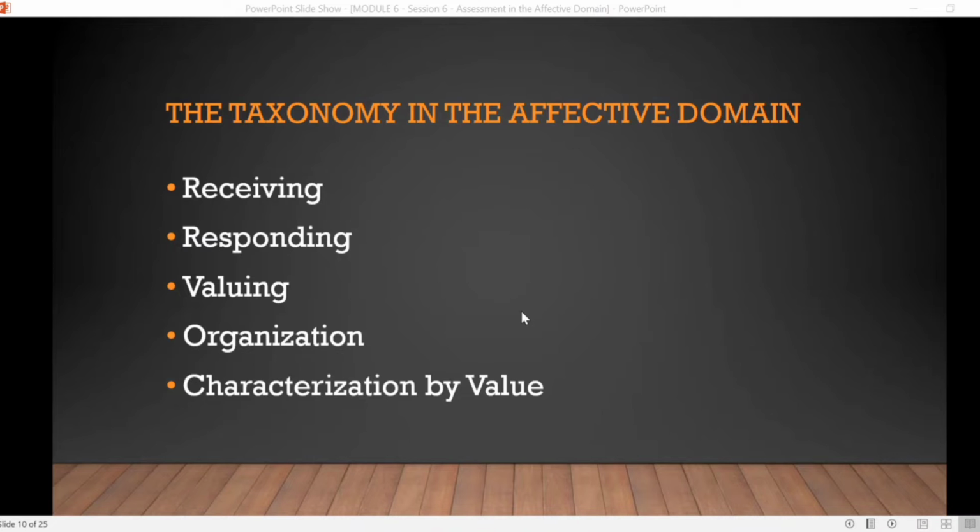Next is the organization, which is relating the value to those already held and bringing it into a harmonious and internally consistent philosophy. This is the point in which you are already discussing. You are already theorizing. So therefore, I theorize that respect comes in different forms. Andun ka na ngayon.